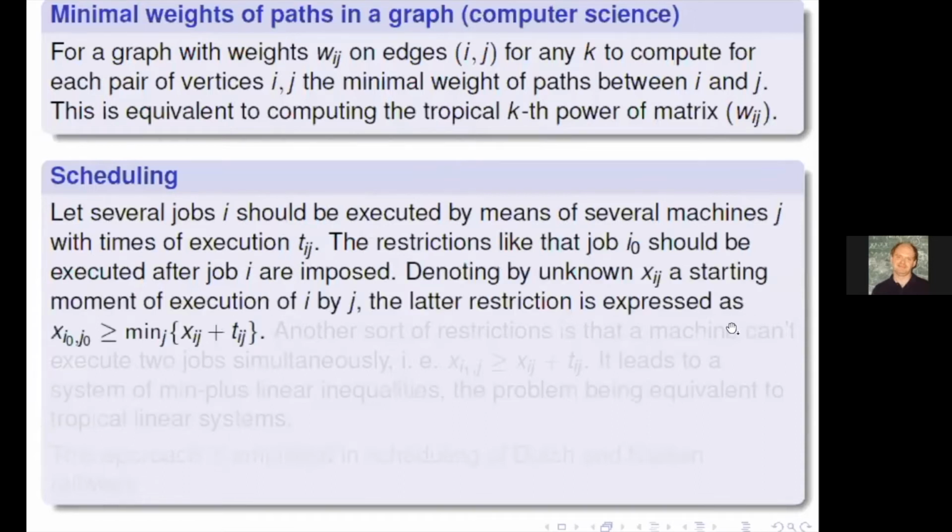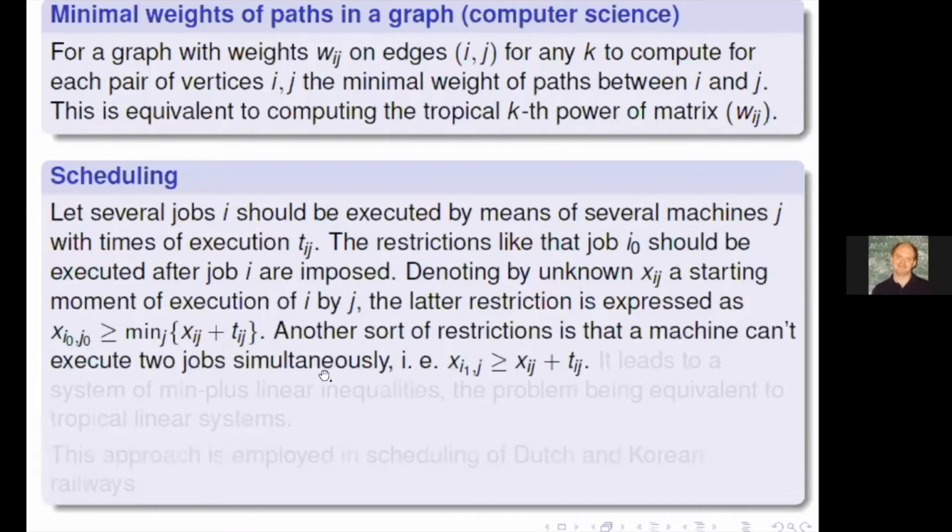Or maybe another, well, and then you denote by x_ij a starting moment of execution. So that's the problem of the scheduling. And the latter restriction is expressed in the following way.